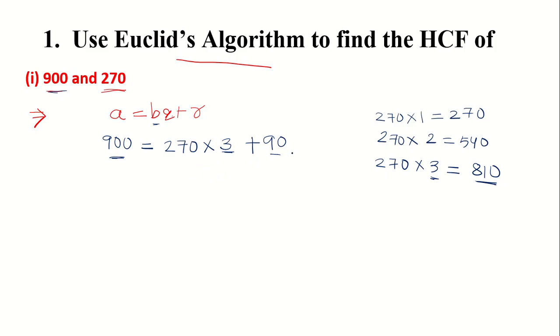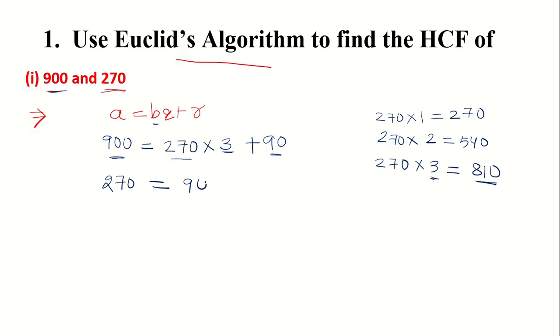As we did not get remainder 0, in the next step we take the divisor, that is 270, equals to, and divide it by the remainder 90.